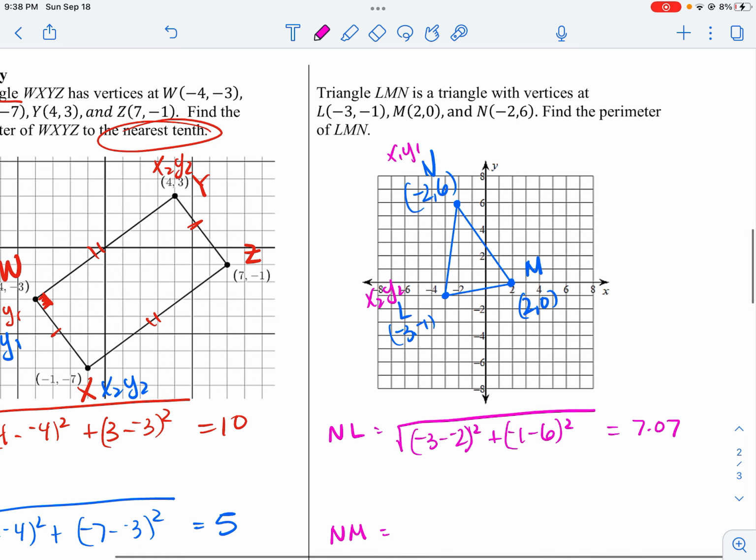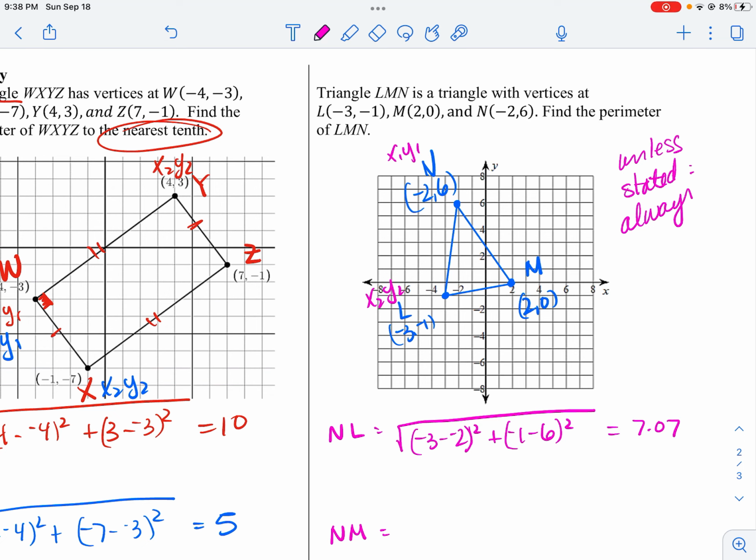Now this one doesn't give us a rounding instruction, so I'm going to stick with the nearest tenth. Unless stated, always do 1 decimal point. So I'm just doing 7.07 just because you start out bigger than you need to be when you're finished.